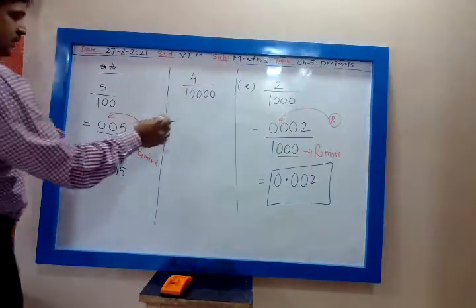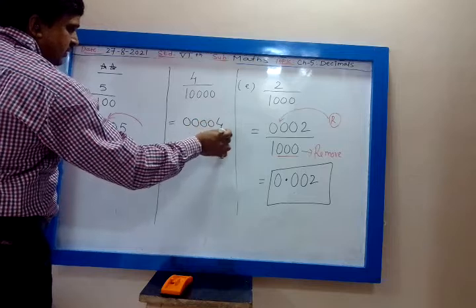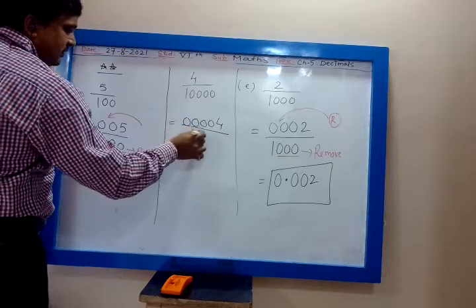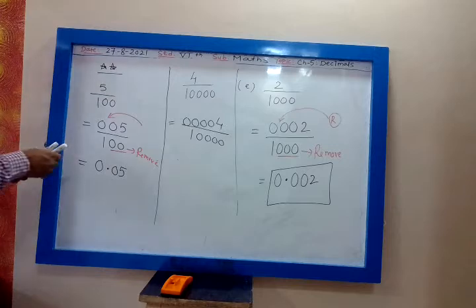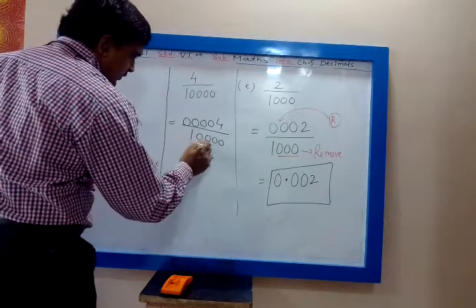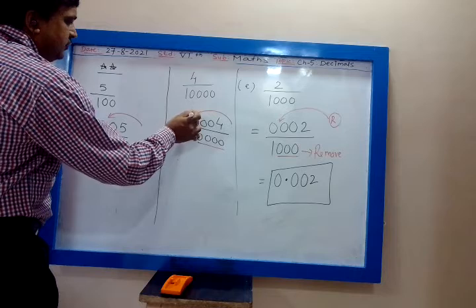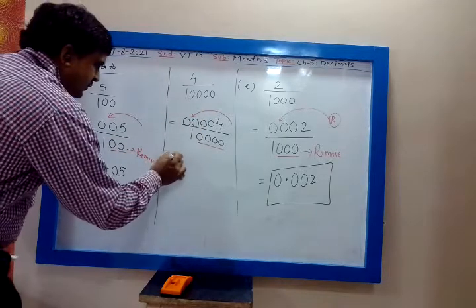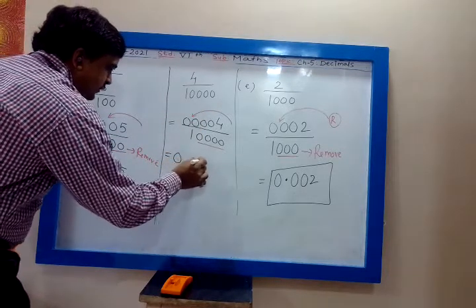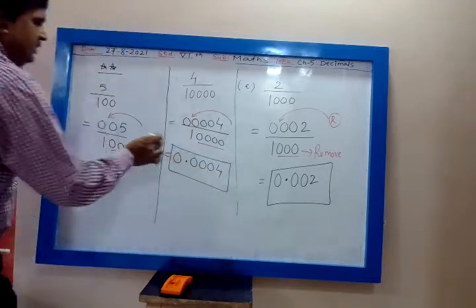All the zeros before, so 0 0 0 0 4 upon 10,000. Now remove 4 zeros. From the right you will place the decimal after 4 digits. 0.0004.